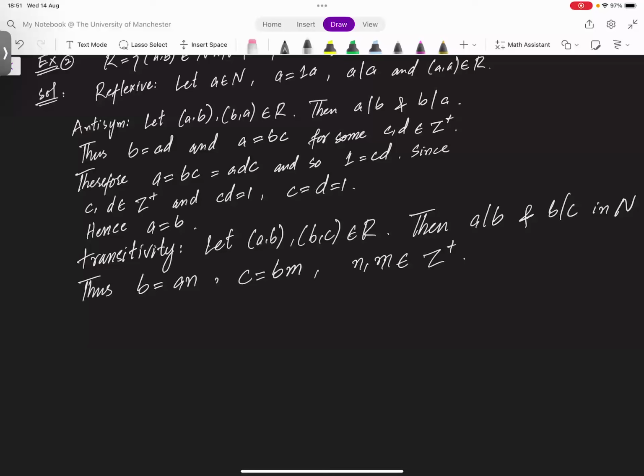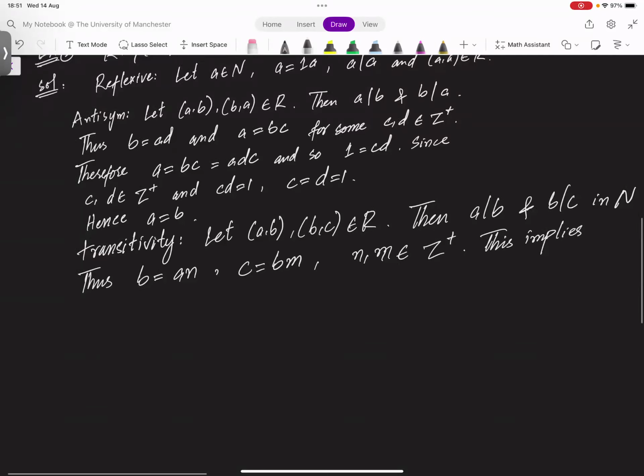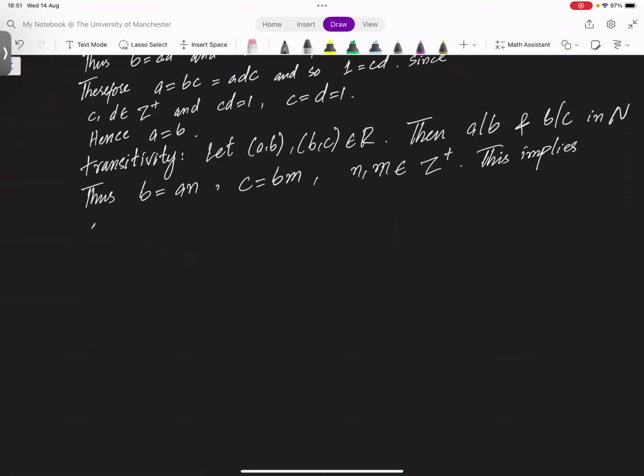This implies that c is bm, which is a n m, and since m, n are positive integers, mn or nm is also a positive integer.